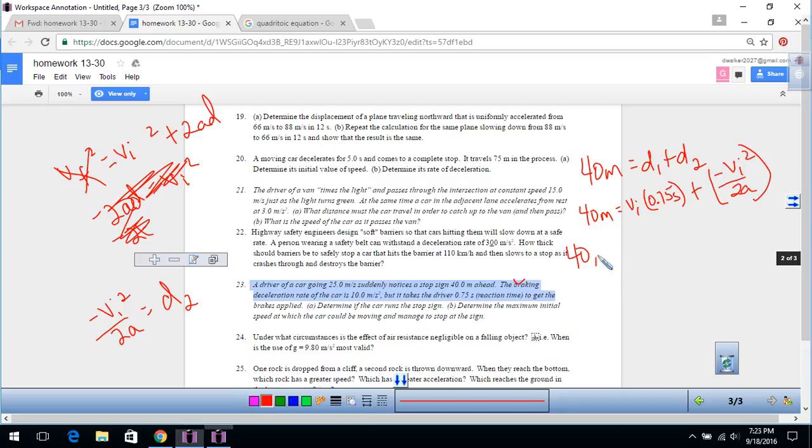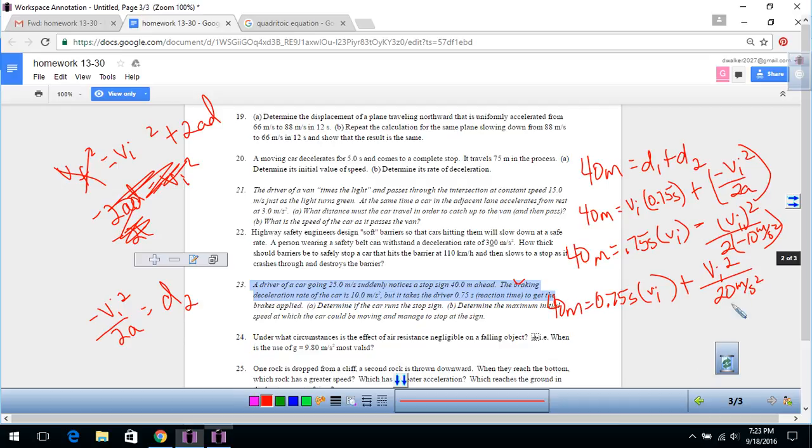You have 40 meters, and you have 0.75 seconds VI minus VI squared, which we don't know, over 2 times negative 10. So now I have 40 meters equals 0.75 seconds times VI. Okay, that negative and that negative make that be a positive VI squared over 20.